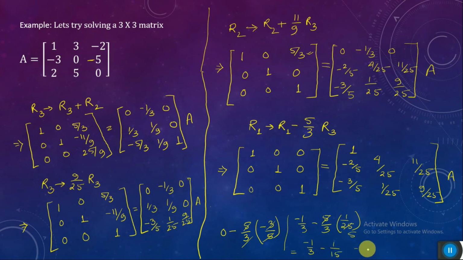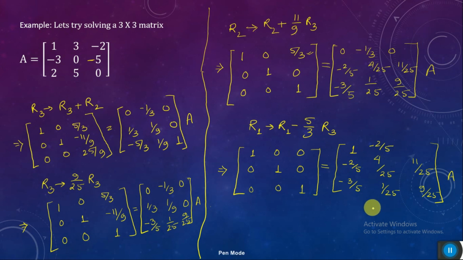Okay, if we take LCM, that is 15. So this is 3 into 5 also you can write. So this is minus 5. Okay, and this is minus 1. So this is minus 6 by 15. That should give you minus 2 by 5. Clear?